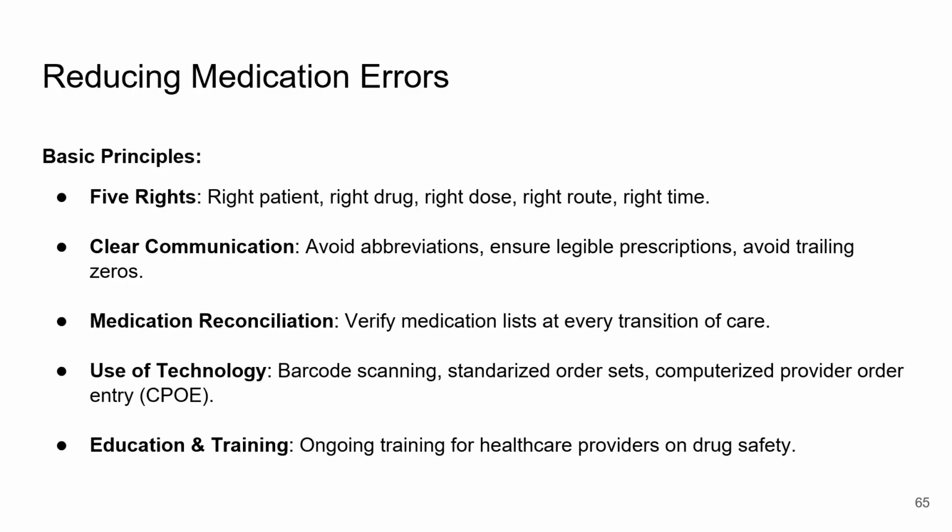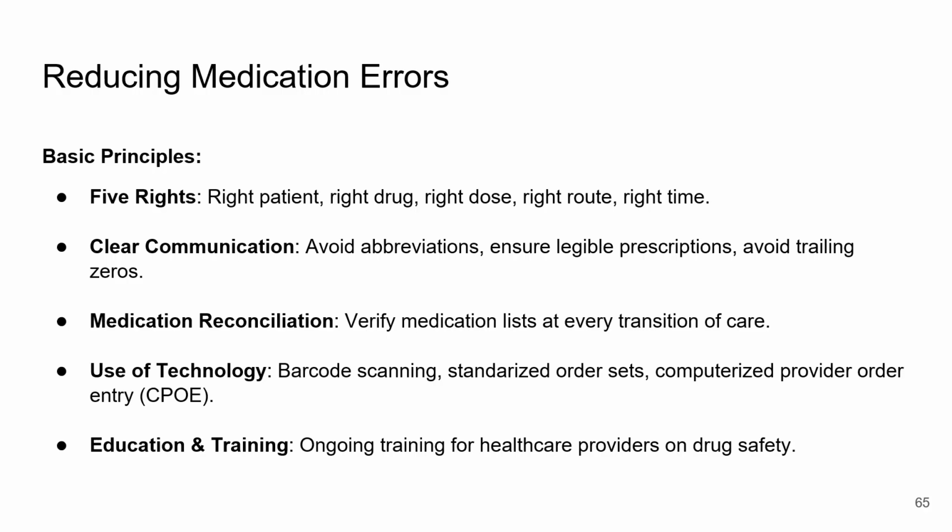We talked before about medication reconciliation, one of the most important safety tools. So verifying the medication list at every part of the care pathway helps prevent omission, duplication, or any dangerous interactions that we may not have identified. Technology, of course, is a huge tool to our advantage.